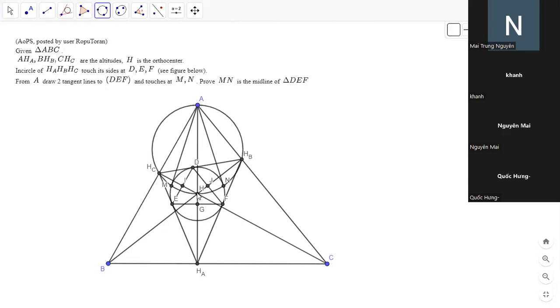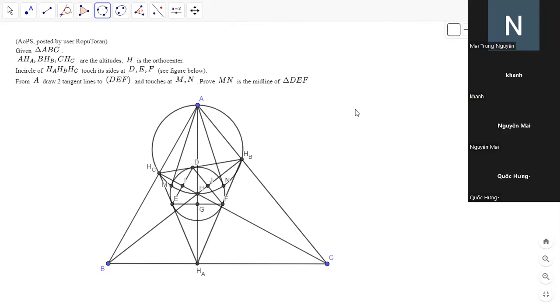Okay. So we will show that I lies on MN. Yeah, I lies on MN. Which means I lies on the radical axis of the circle DEF and that circle. So angle AMH, because H is the orthocenter of this triangle.